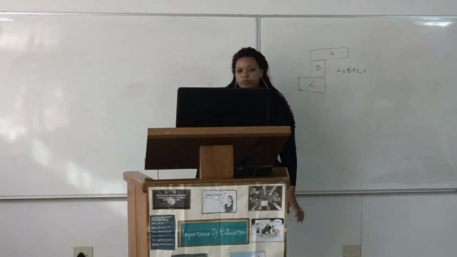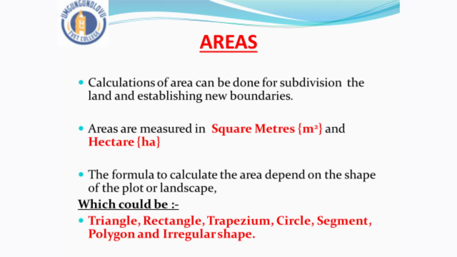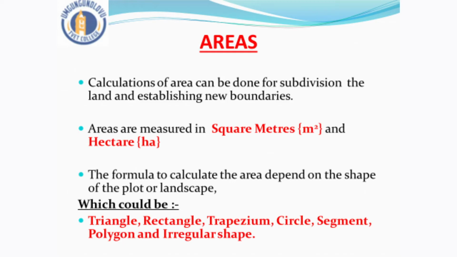Okay, so areas are measured in square meters. So remember, when we are doing calculations for areas, they are measured in square meters and in hectares. The formula to calculate the area depends on the shape of the plot of land or the landscape. As I mentioned before, we've got different types of formulas that we use to calculate the area.